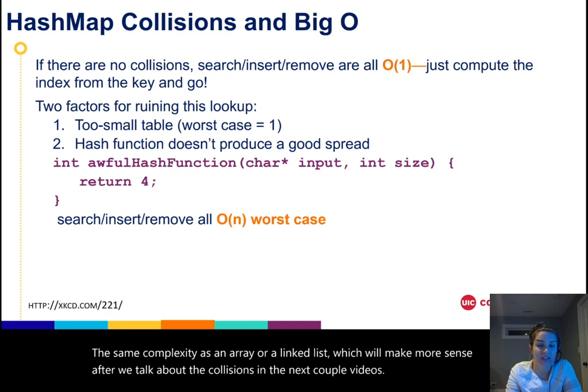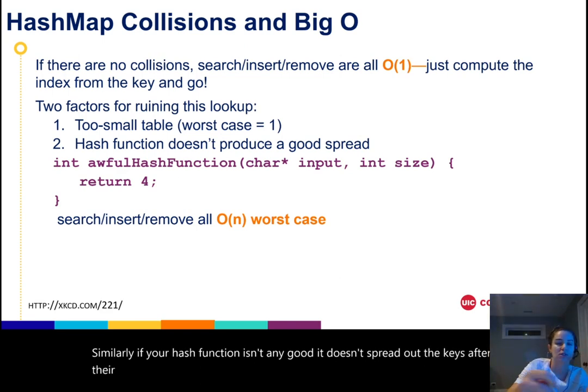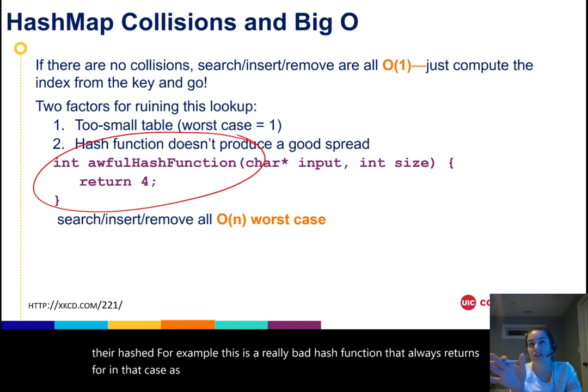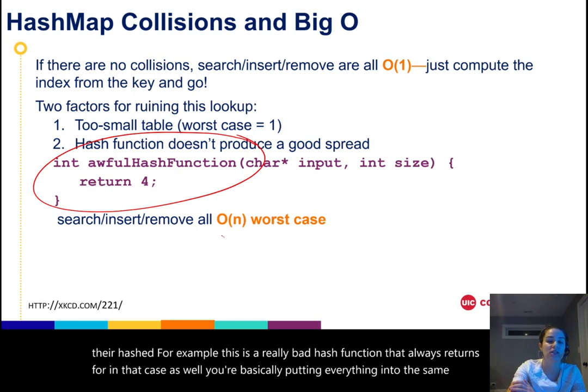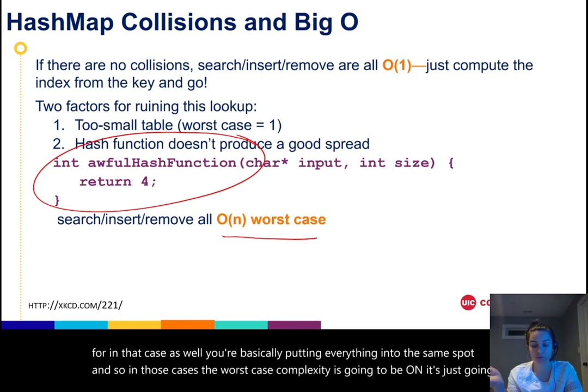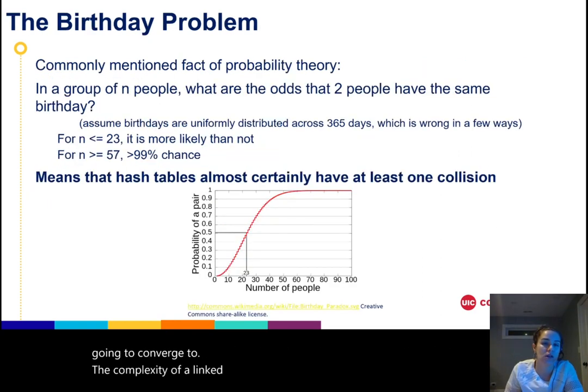Similarly, if your hash function isn't any good and it doesn't spread out the keys after they're hashed, for example a really bad hash function that always returns 4, you're basically putting everything into the same spot. In those cases, the worst case complexity is going to be O(n). It's just going to converge to the complexity of a linked list or an array.